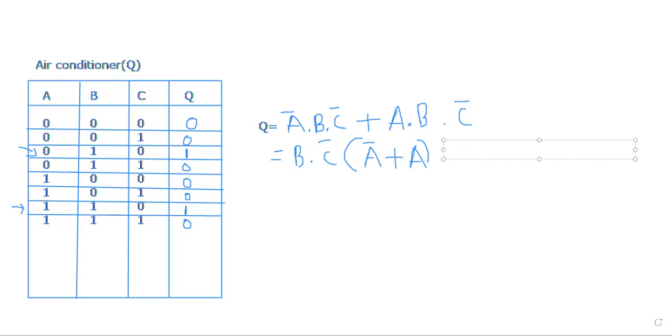So, distributive law. And next, let me use the complement law. So B dot C bar, and this is going to be 1 according to the complement law.